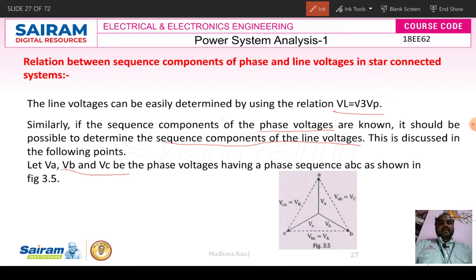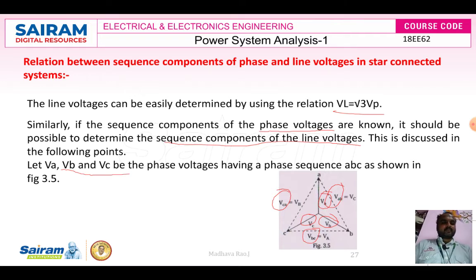VA, VB, VC are the phase voltages, and VAB, VBC, VCA are the line voltages. So if you know the phase voltages, we can find the sequence components of line voltages. Now we will see how we find the sequence components of line voltage.